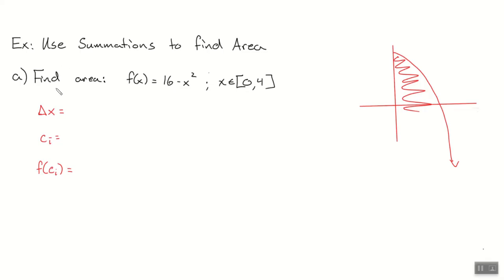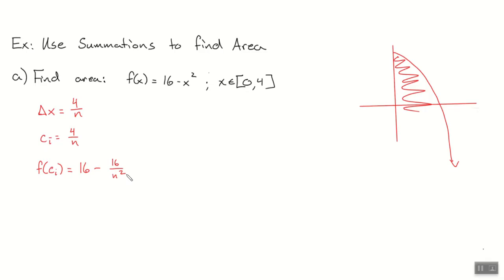Love it. Okay, so delta x, b minus a over n gives us 4 over n. C sub i will look like a plus delta x, since we're using our right endpoints. What's a in our situation? So 0 plus 4 over n would give me 4 over n. And I'm going to do this one just a little bit faster. If I do 16 minus 4 over n squared, I'm going to get 16 minus 16 over n squared.